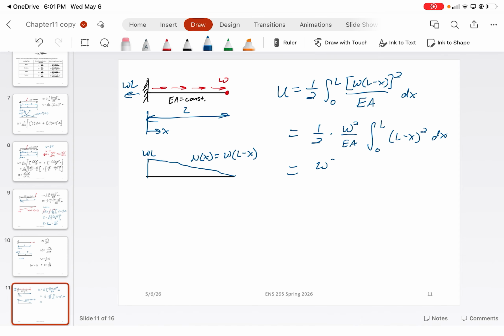So W squared divided by 2EA times negative (L minus x) cubed divided by 3 from 0 to L. And what we end up with is W squared L cubed divided by 6EA from the looks of it.